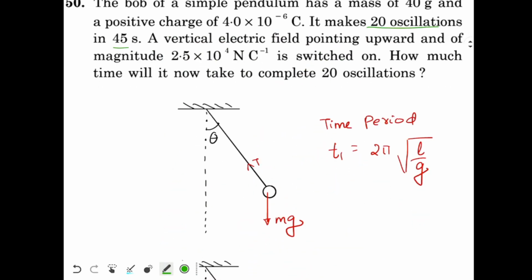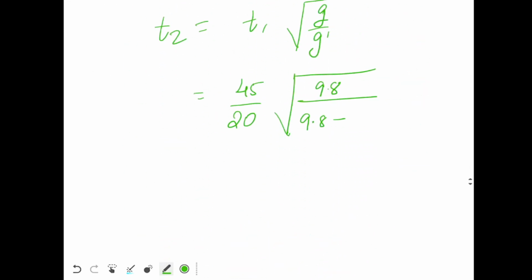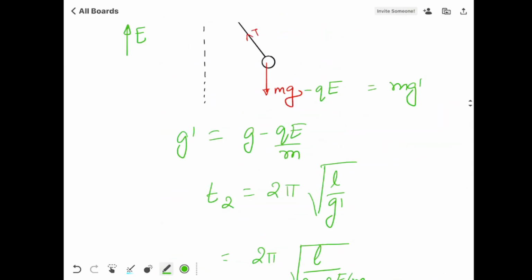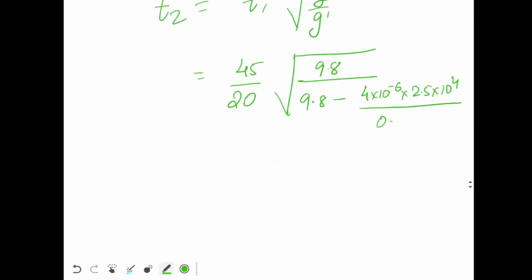Q is given to be 4 into 10 power minus 6 coulombs. E is 2.5 into 10 power 4 newton per coulomb. So 4 into 10 power minus 6 into 2.5 into 10 power 4. This is Q into E. And divided by mass of the pendulum, that is 40 grams. 40 grams means 0.04 kilogram.